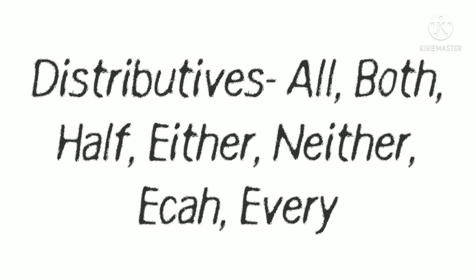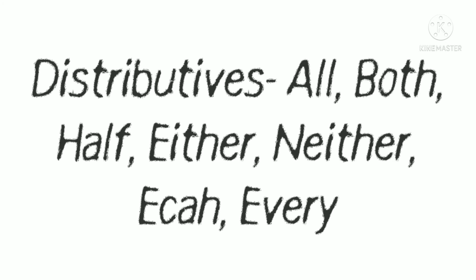The next category we have in the list of the determiners are the distributives. Distributives means some words that we use to refer to the distribution, that are used to distribute a particular thing between two or among many. The words like all, both, half, either, neither, each, every, these are called distributives.